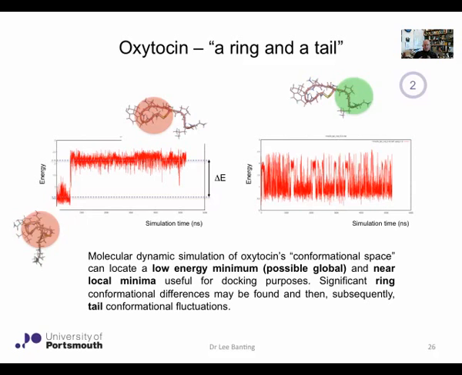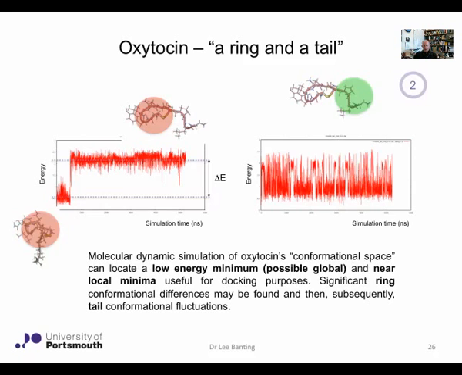The ring is one issue, and the tail, which is actually quite flexible, is another issue. What is found is the ring takes up preferred conformations and the tail takes up a family of conformations due to the flexibility.